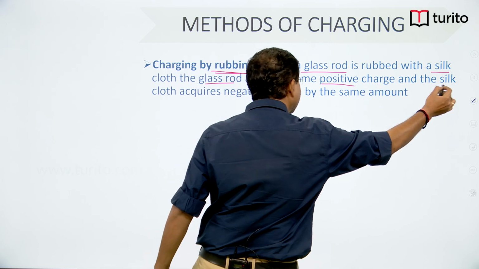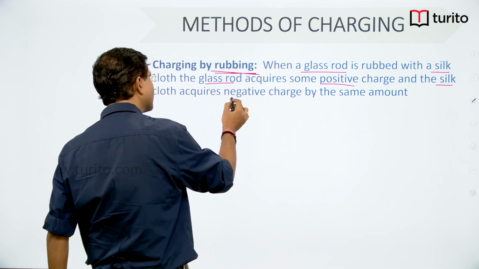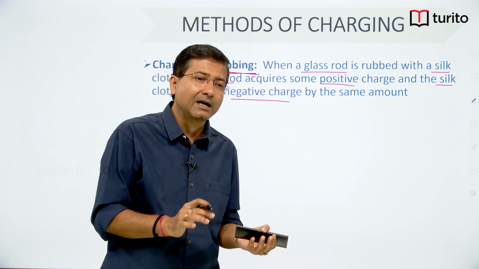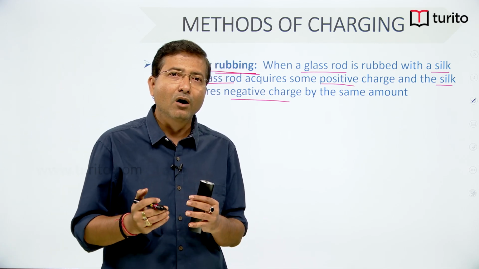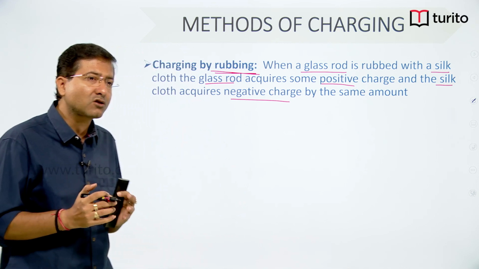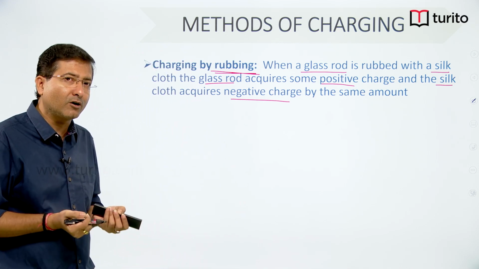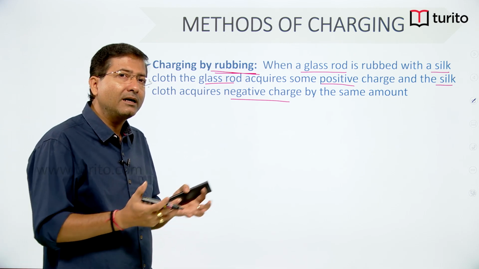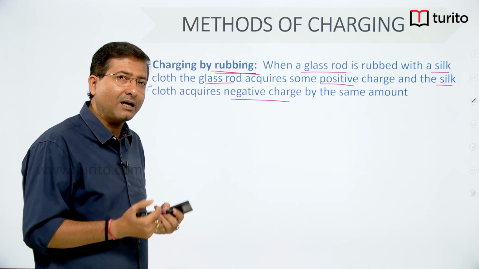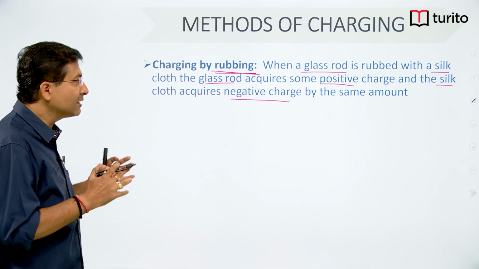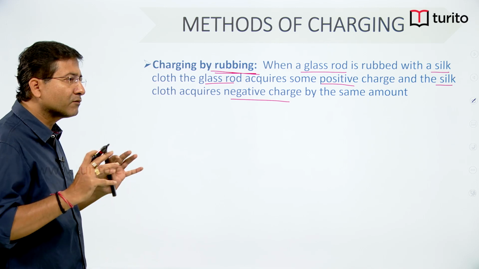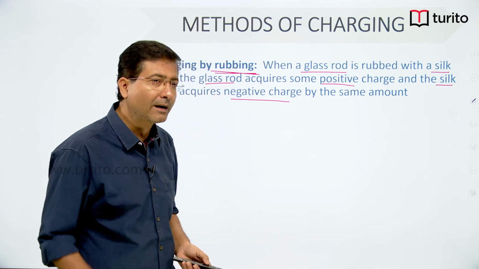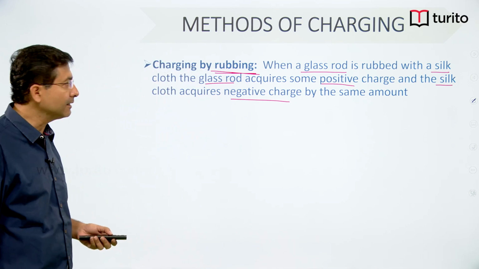One body getting positively charged and another getting negatively charged is only because of the difference in electron affinity of the bodies. If the electron affinity of one body is more, then it will get the negative charge. So it is a matter of electron affinity which body will get positively charged and which negatively charged. So by rubbing we can charge a body, right.